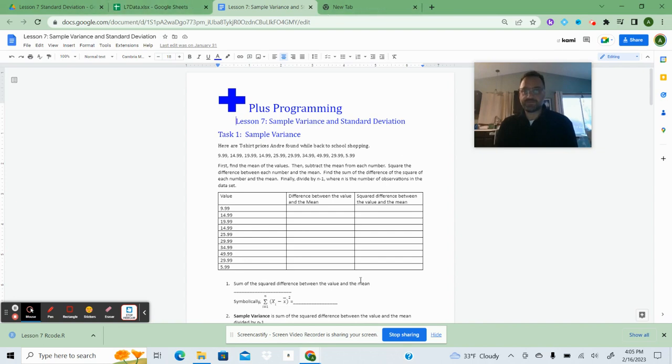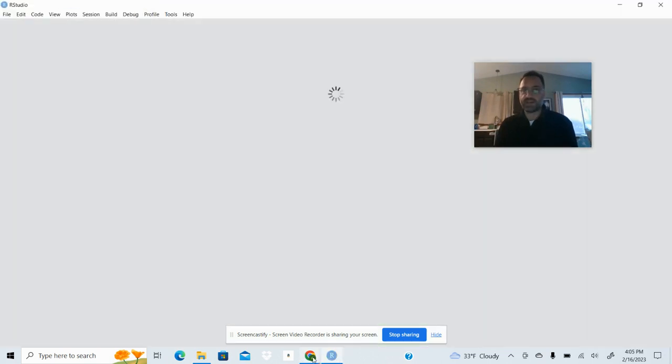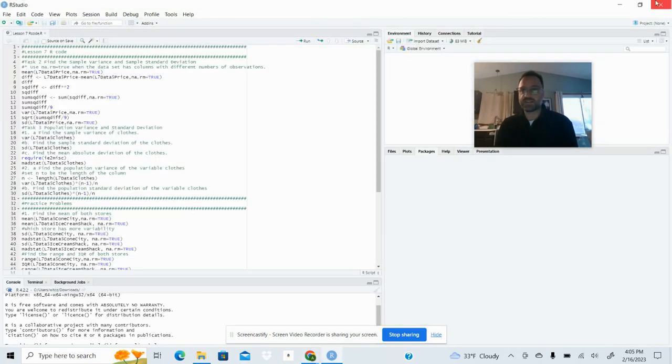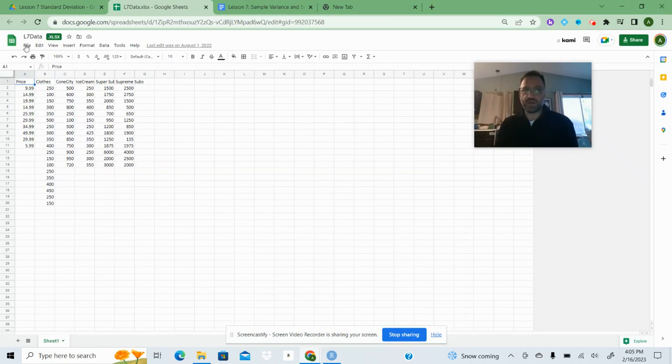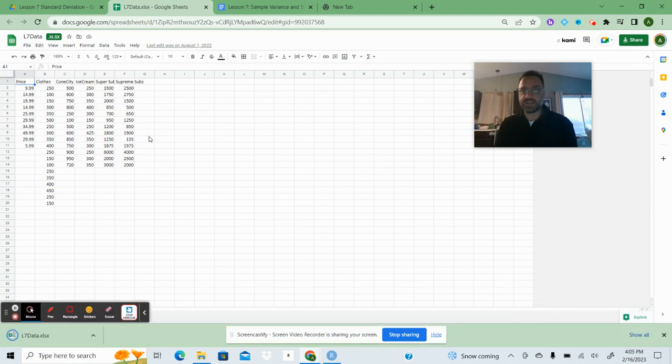So what I did is I opened up the R code from the lesson, and then I am downloading the data as well. So while the R code here is loading, I'm going to take this lesson 7 data and download it and then put it into R. So here I just go to, if you're in Google, you'd go to File, Download, and then download the Microsoft Excel file.